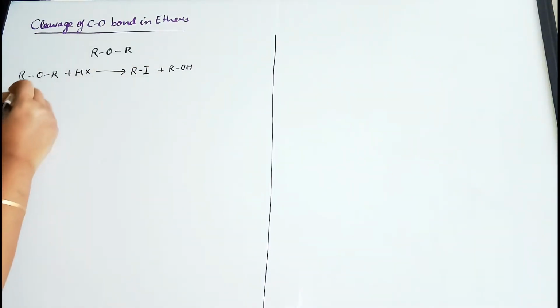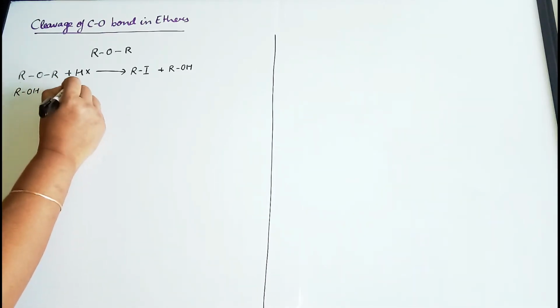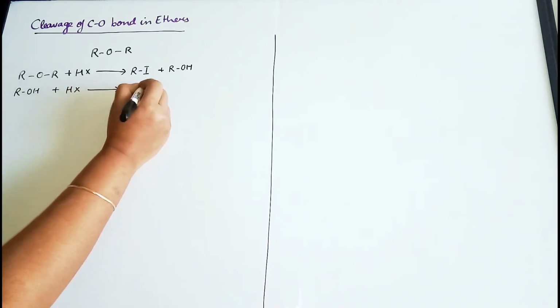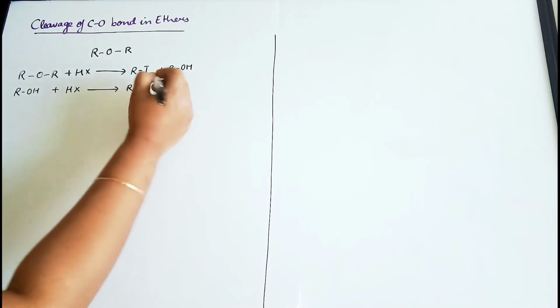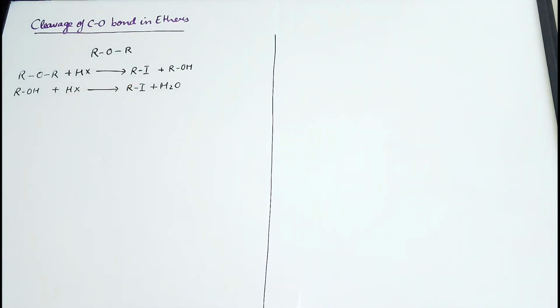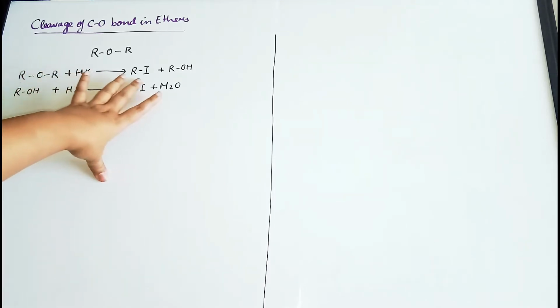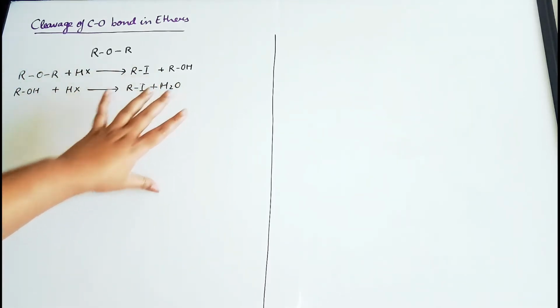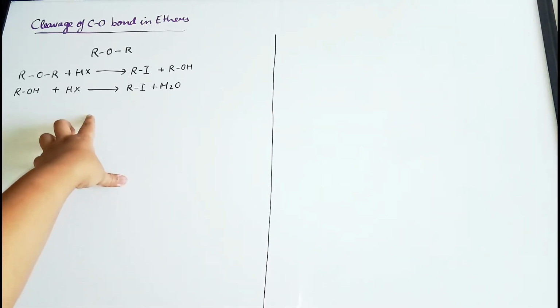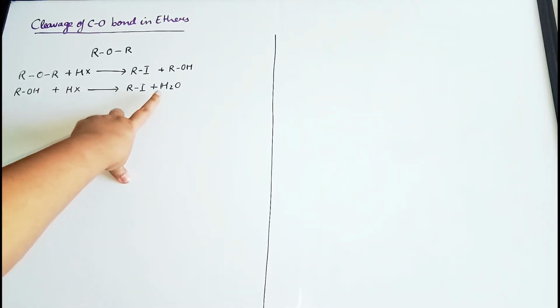Okay, now this alcohol will further undergo a reaction with the hydrogen halide to give us another molecule of the alkyl halide and a molecule of water. So an ether, and this is in extreme conditions, is undergoing reaction with a hydrogen halide to give us an alkyl halide and alcohol, and the alcohol is again undergoing a reaction with the hydrogen halide to give us an alkyl halide and water.